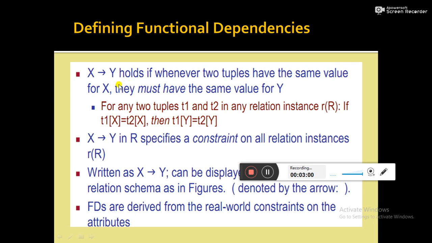And there is also a formal definition of functional dependency.